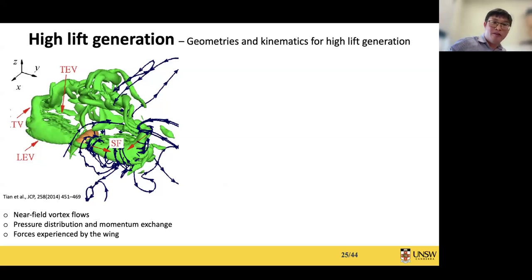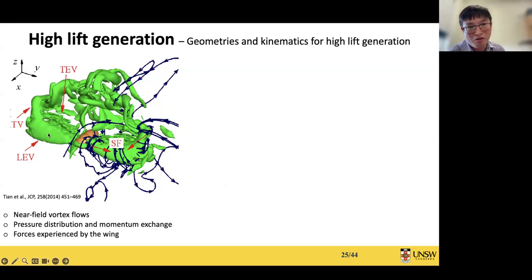Now, when we go to flapping wings, and when we talk about high lift generation of flapping wings, the important part is the vortical structures around the flapping wing, for example, as shown here. We can see the leading edge vortex, LEV.